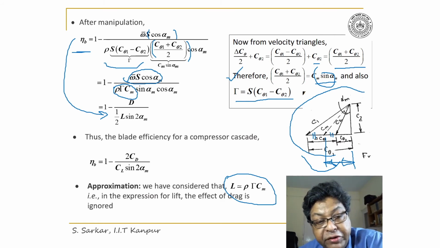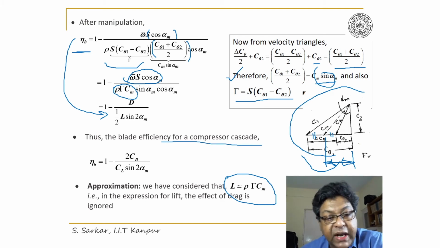Therefore, the blade efficiency for a compressor cascade can be given by eta b equal to 1 minus twice CD by CL into sine twice alpha m.